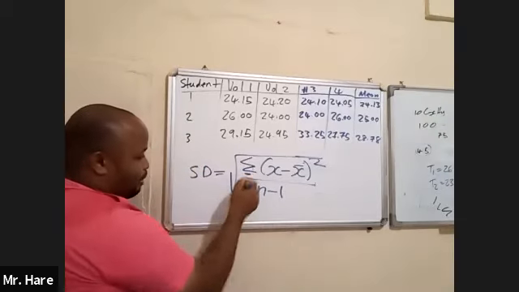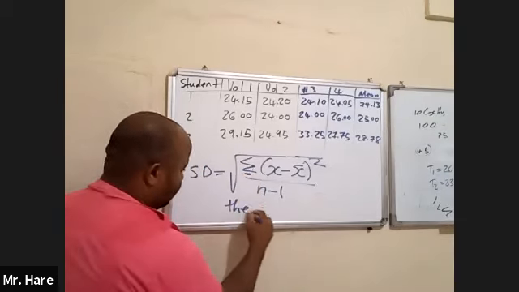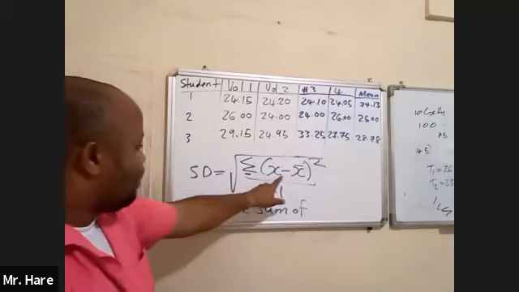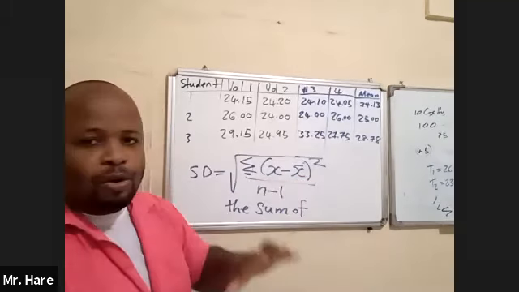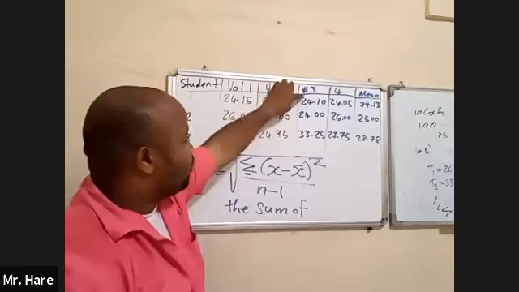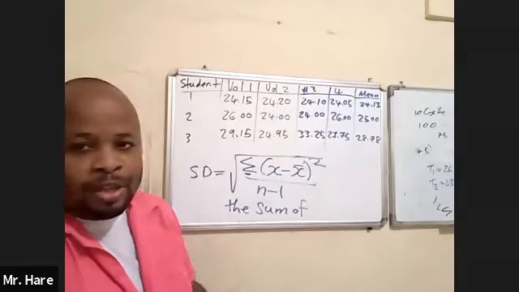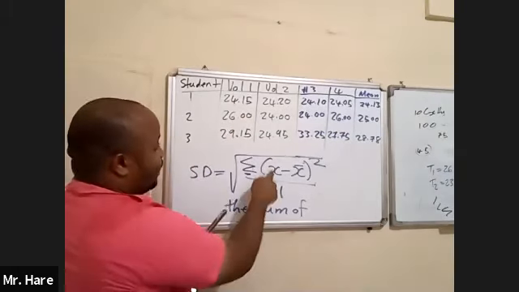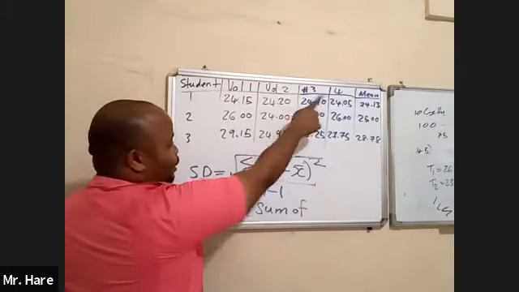This symbol here means the sum of. So x minus x bar, you are going to work out for each of these trials, then you add them up. The first one, x is each individual data point.